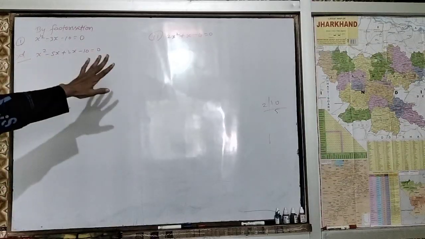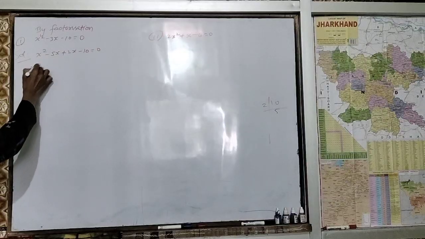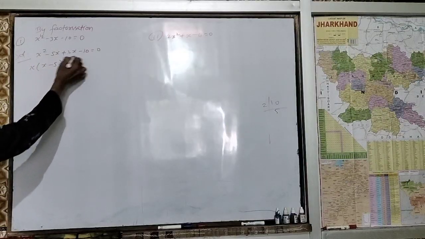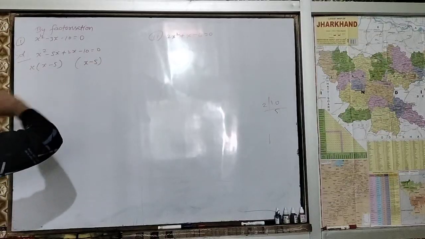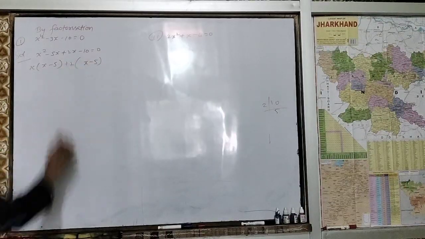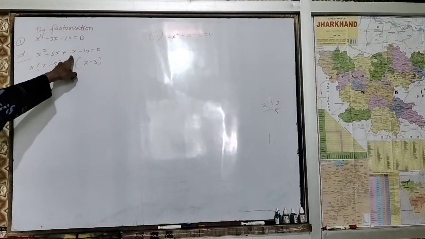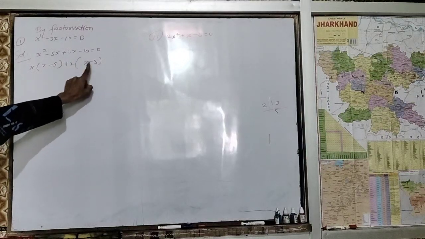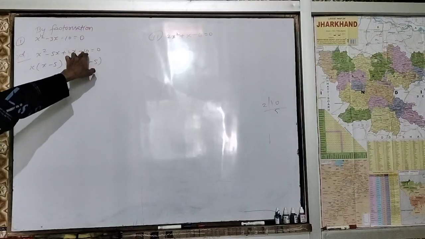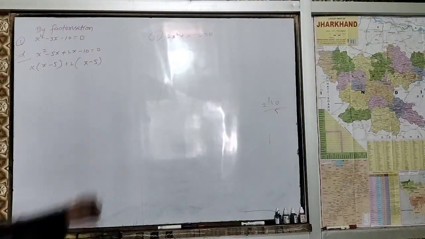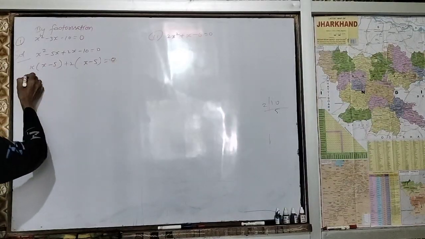Here we have 4 terms. In the first 2 terms, x is common, and in the last 2 terms, x minus 5 will be written like this. Here plus 2 will come, because when we multiply this by this, it becomes 2x. When we multiply 2 by minus 5, it gives us minus 10. This is correct. It is equal to 0.